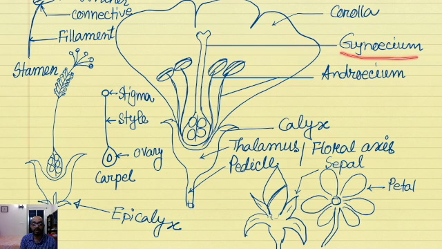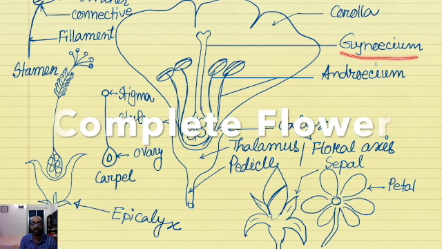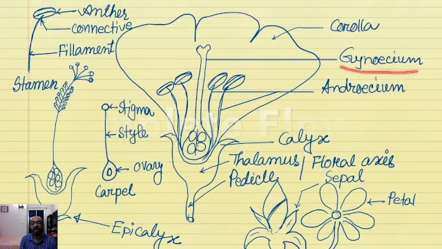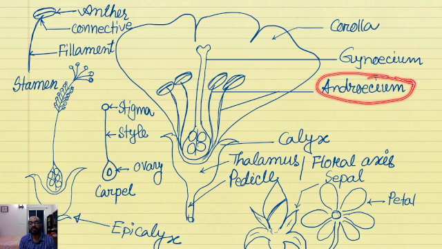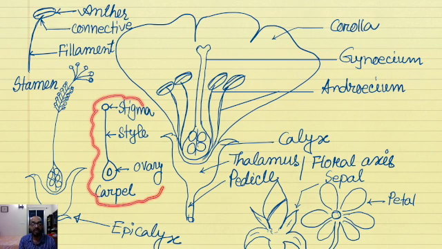Now I am trying to repeat each and every part of a flower. First of all, gynoecium is an essential whorl of a flower. Androecium and gynoecium are both generally known as the essential whorls of a flower. Stigma, style and ovary combinedly form the carpel.